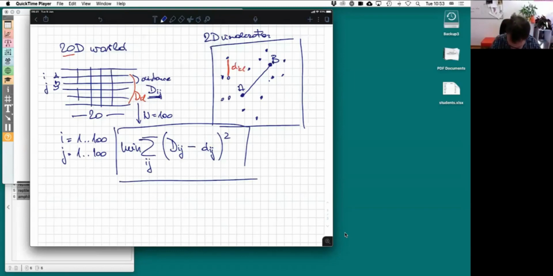So I put the points on the 2 dimensions such that I minimize this equation, okay?